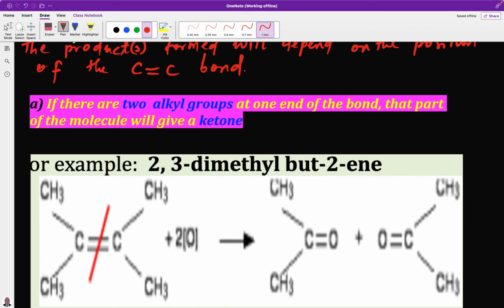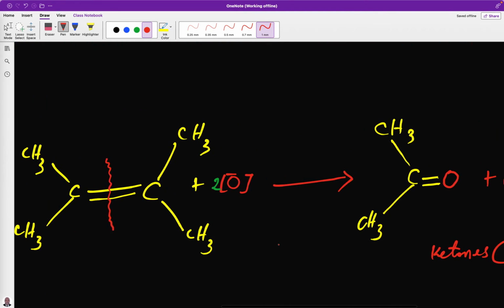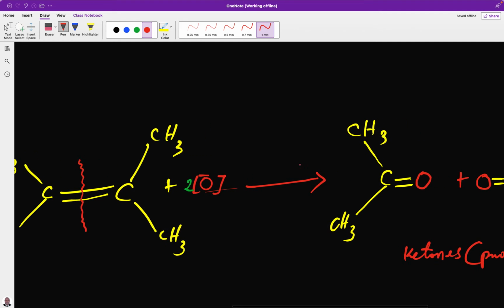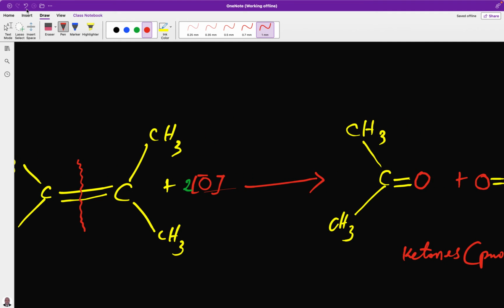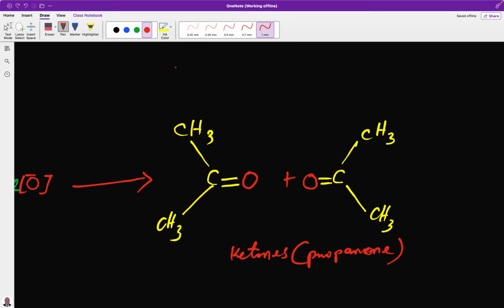These two oxygen atoms will attach themselves to the double bond. Under this condition, there is the splitting of the bond, and you will have ketone produced. In this case, two molecules of propanone are produced.